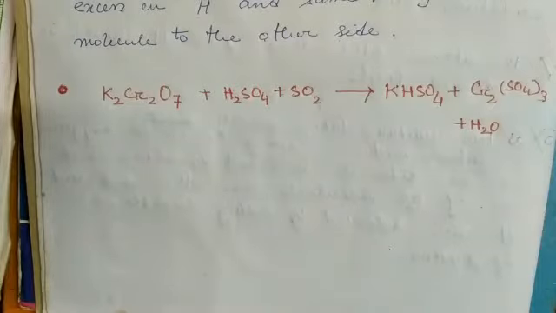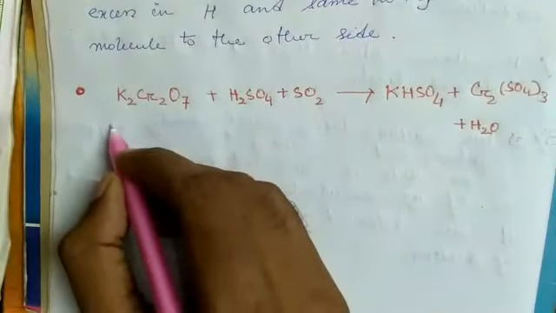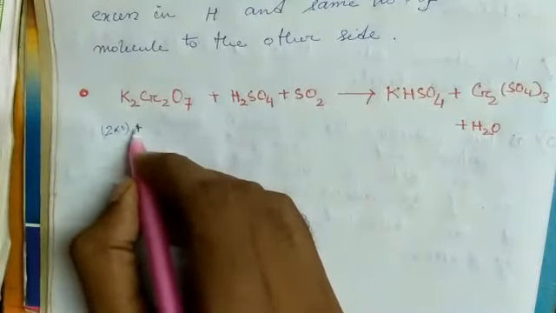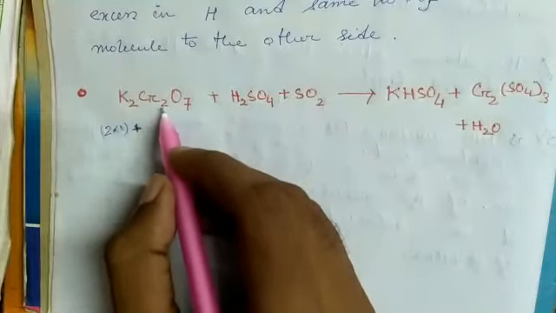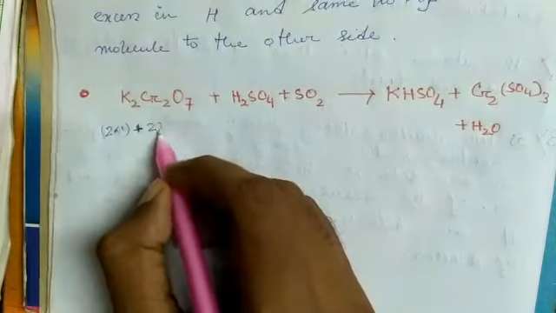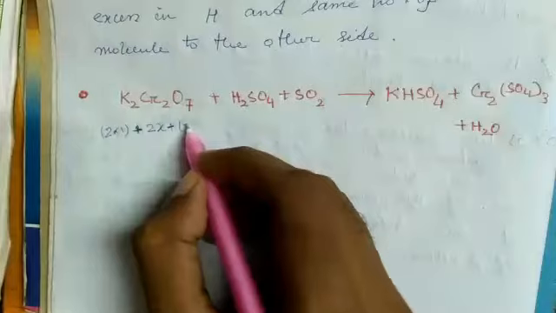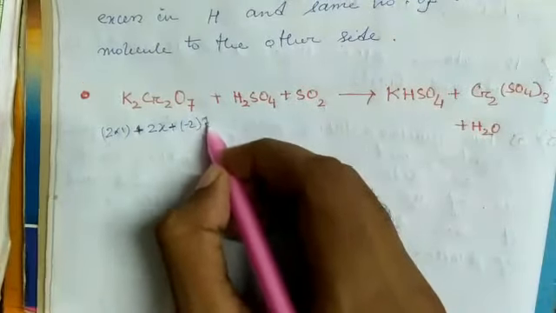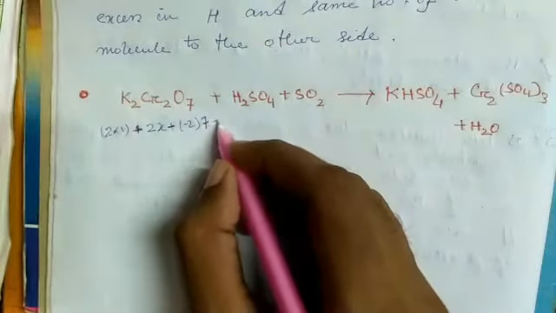Here, the oxidation number of chromium in potassium dichromate is: potassium has 2 into plus 1, plus chromium. Let chromium have oxidation number x, and here are 2 chromium, so we have to write 2x, and oxygen has oxidation number minus 2, and here are 7 oxygen, so we have to multiply 7 to it, and the total charge of the species is 0, that is, it is neutral, so we have to write equal to 0.